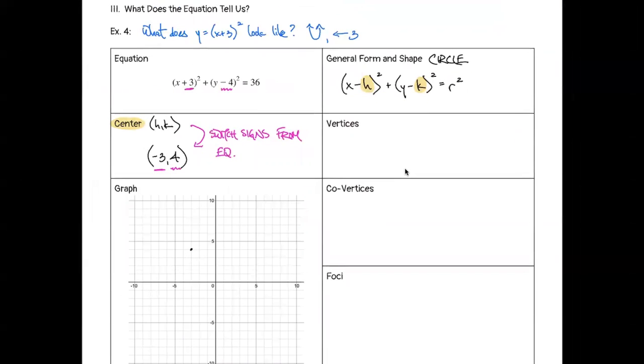Now, every circle has a radius, right? And in fact, in our equation here, we have r squared on the right-hand side. And I bet if I gave you folks one guess, you would be like, r probably stands for radius, okay?